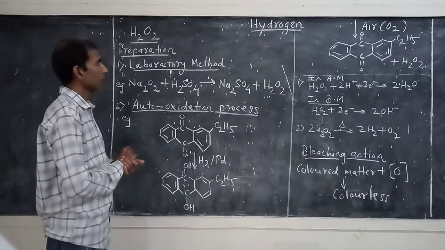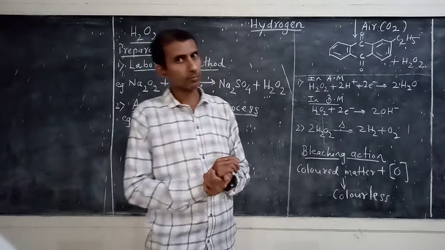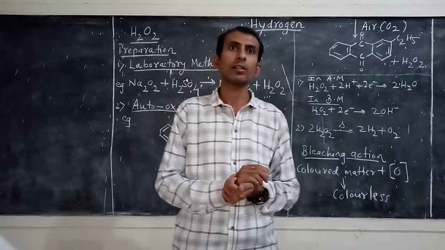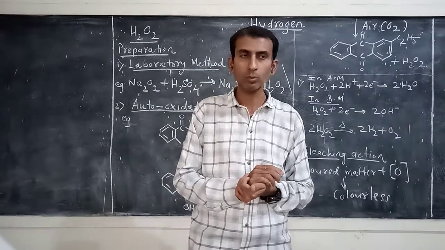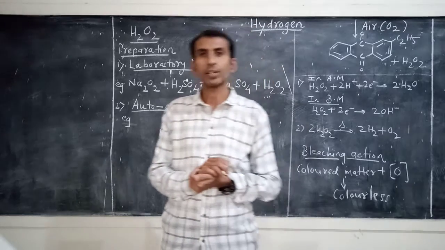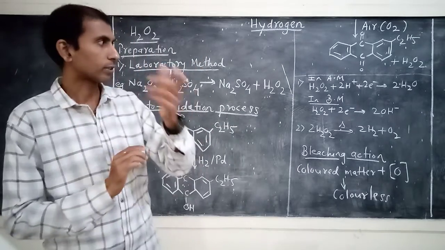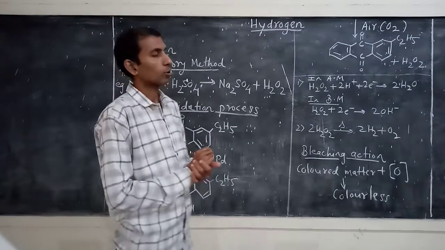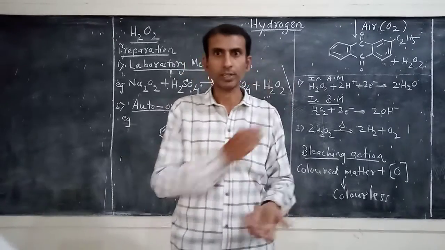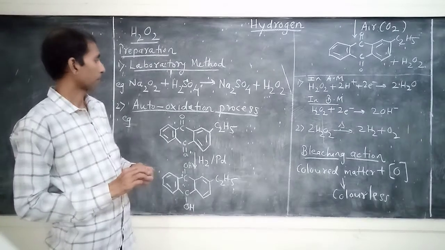Okay, so here we complete with the chapter hydrogen. Okay, wherever you find the physical properties of particular compound, so physical properties directly we can revise from the textbook, very easy. Okay, only one line physical properties they are given. So physical properties for hydrides, for example, or hydrogen peroxide, today's compound, we will directly get from the textbook.